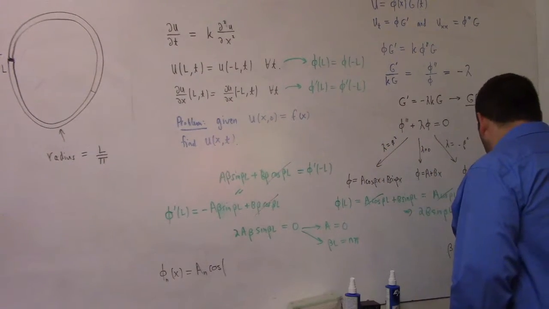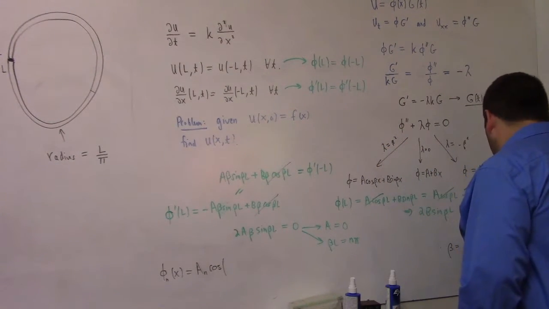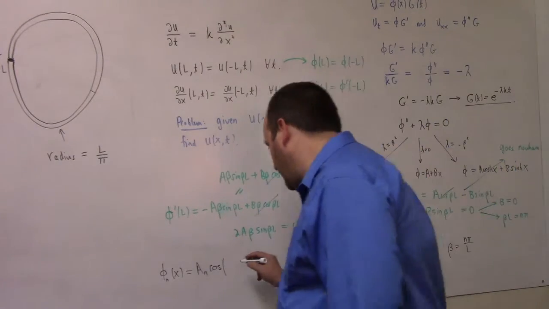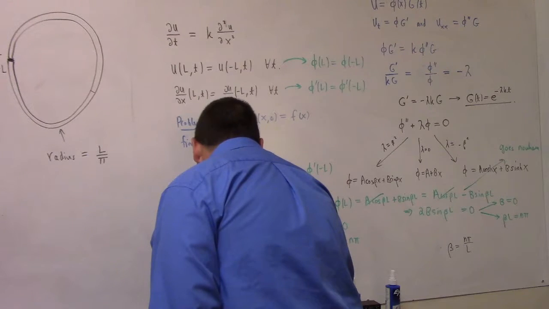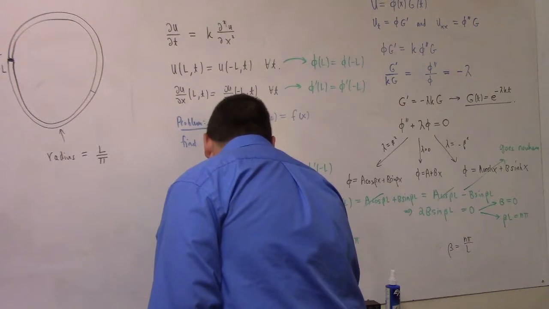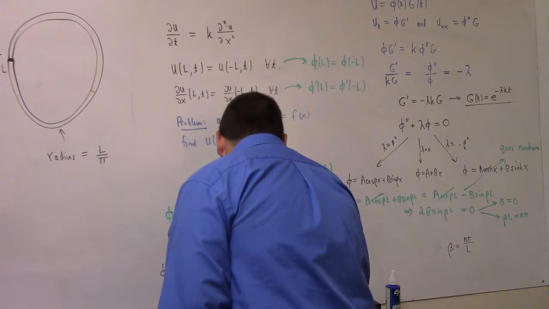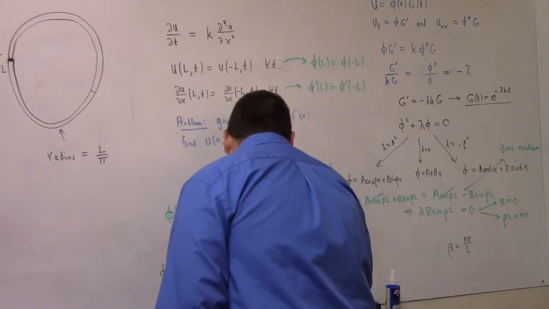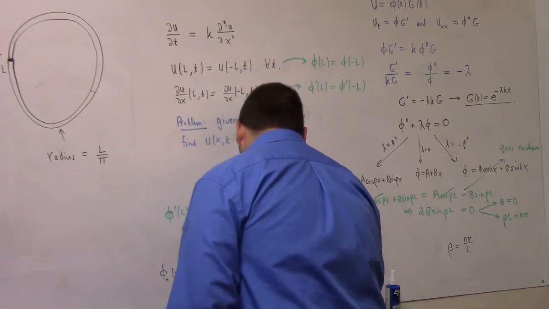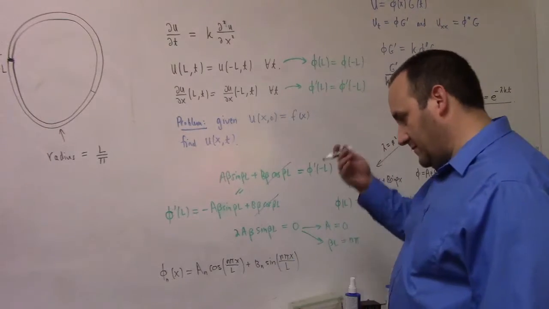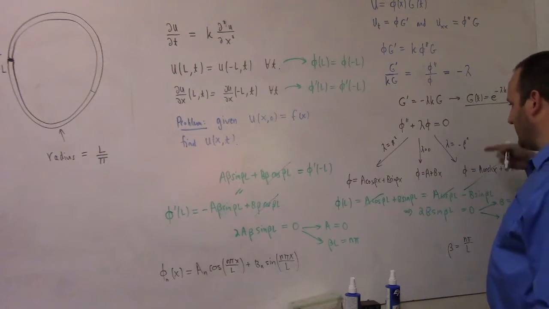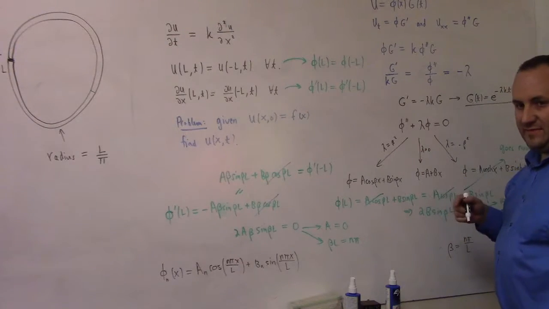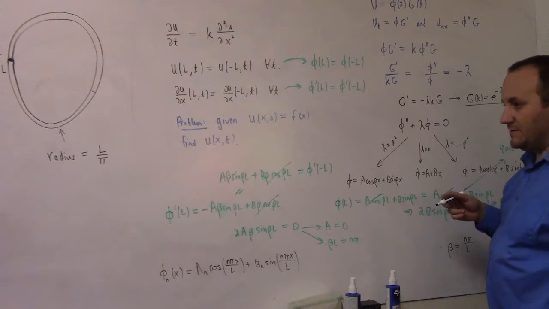Beta is equal to n pi over L. So you've got a n cosine n pi x over L plus b n sine of n pi x over L. We get all of that from the positive lambda case.